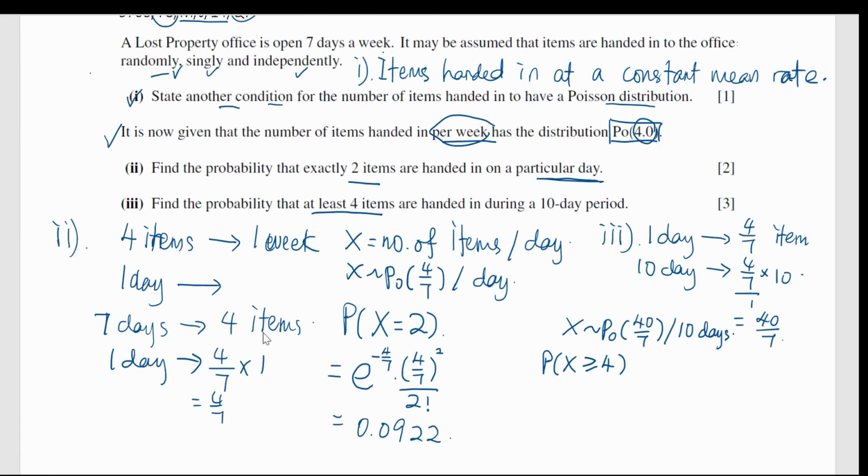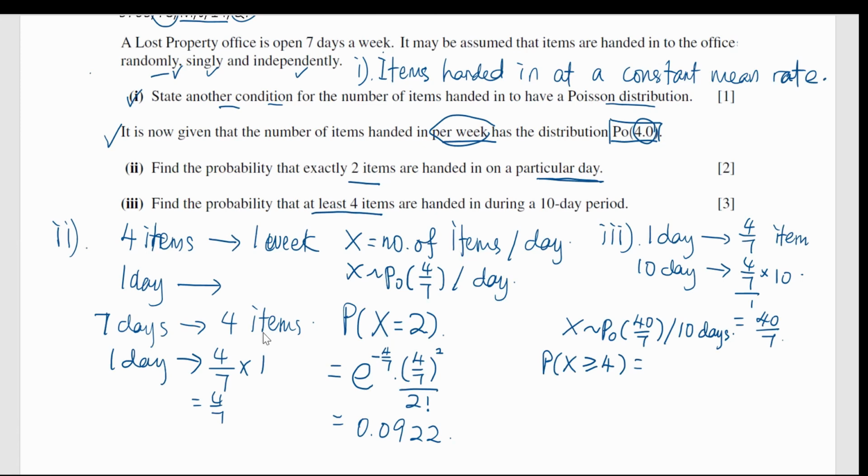Can you see that the number of items handed in can be none to many? In 10 days, it can have no item handed in, or a lot of items handed in. From none to many, this is also an important characteristic for a Poisson distribution.